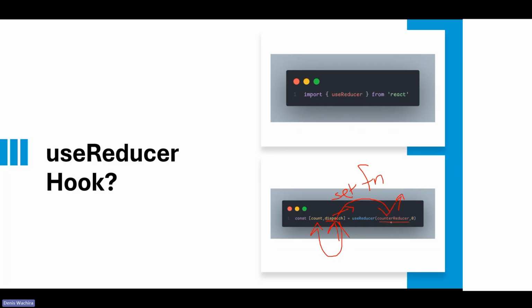This counterReducer is also a function that has a switch case. That switch case checks the action you are dispatching. If it's an action like increment by 1, it does the function of incrementing your state by 1.